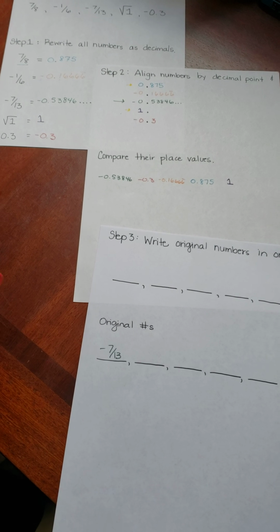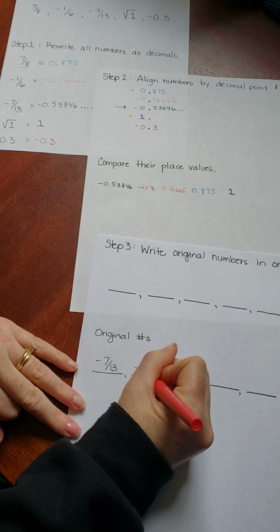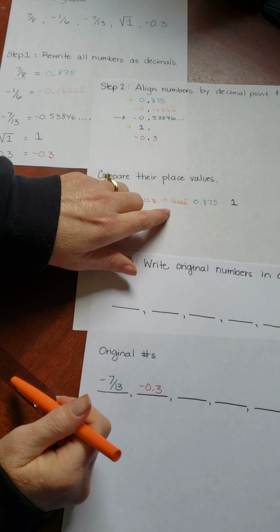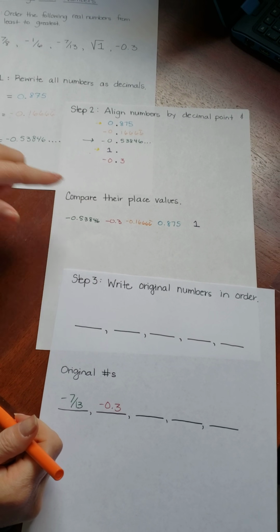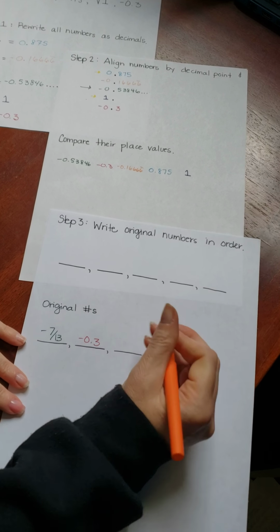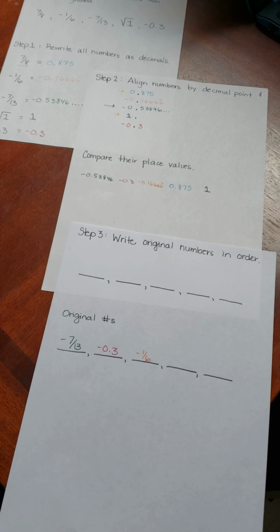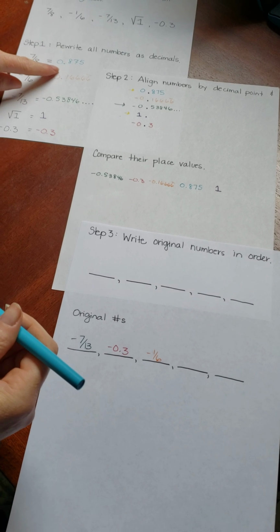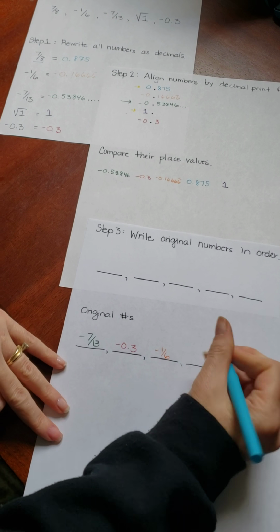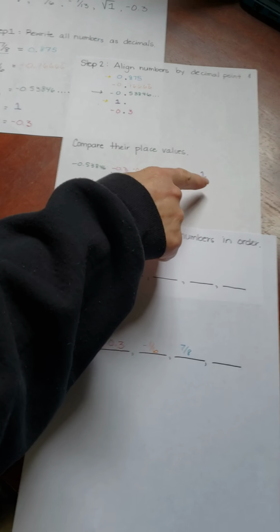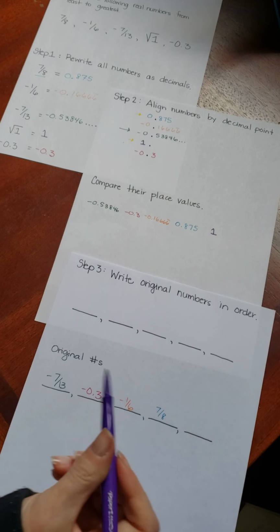Then our red was always negative 0.3. Negative 0.16 repeating was negative 1/6. 0.875 was equivalent to 7/8. And last but not least, 1 is equivalent to the square root of 1.